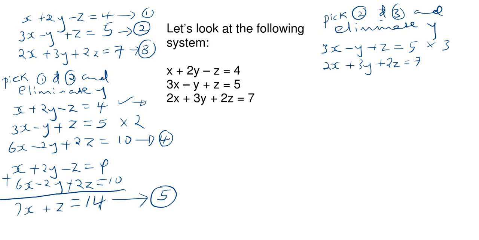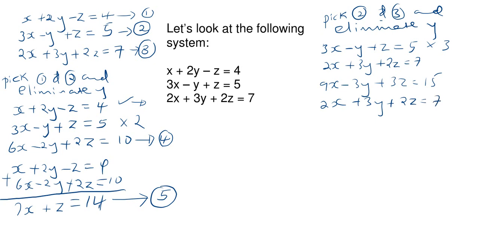So we shall have an equation which is 9x minus 3y plus 3z is equals to 15, and the other equation is not interfered with, so it will remain 2x plus 3y plus 2z is equals to 7.